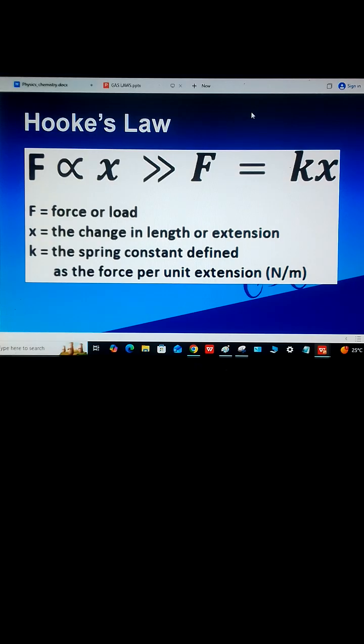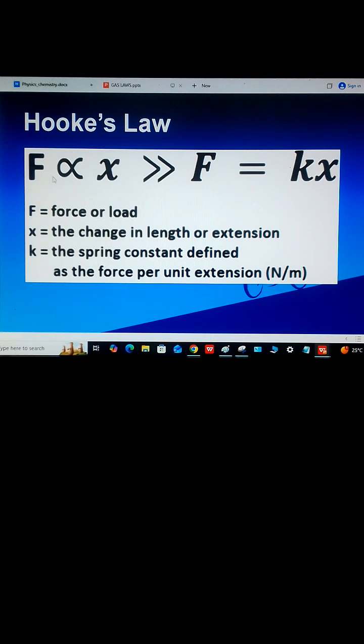So we can express this law mathematically, that F, which is force or load, is directly proportional to x, where x is the change in length or extension.